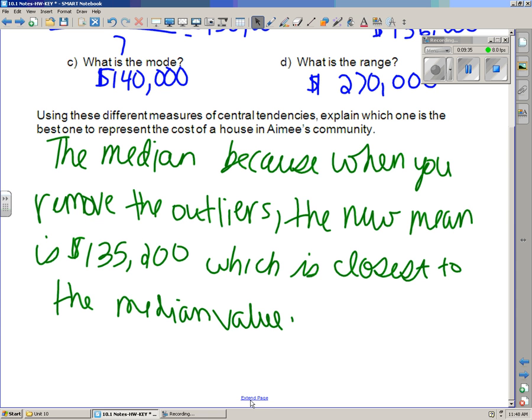So I'm just saying that if you get rid of the 2 outliers and you find the mean there, you're going to get a number that basically is the median. So the median is the best.